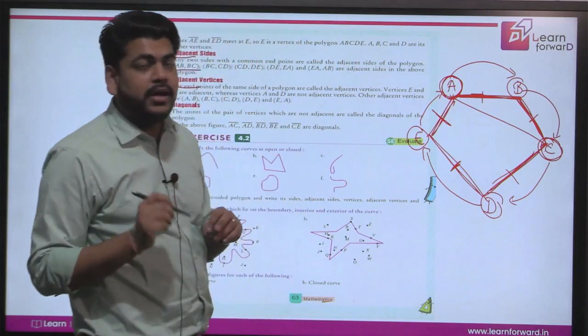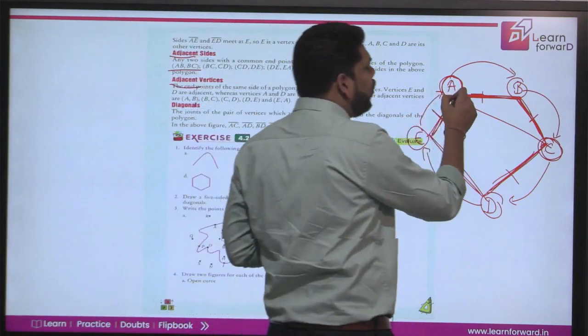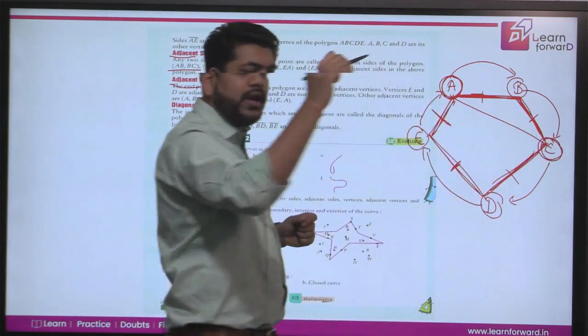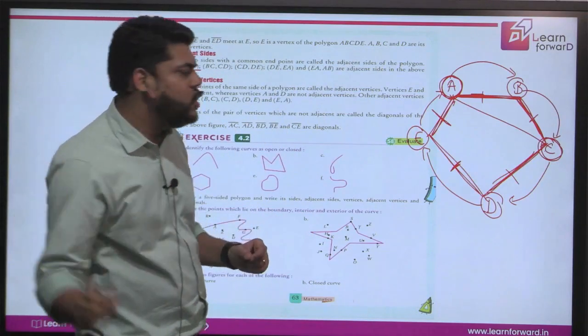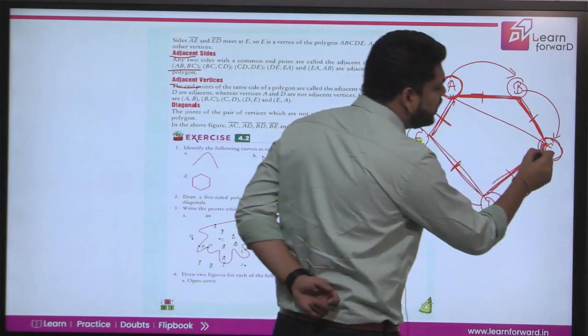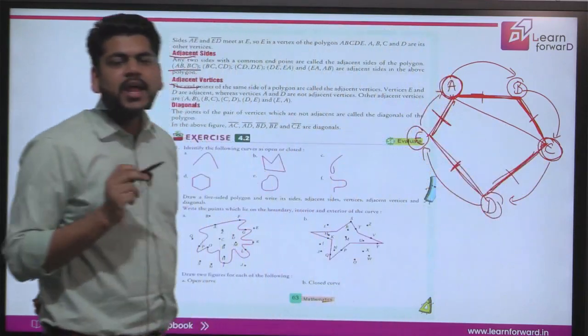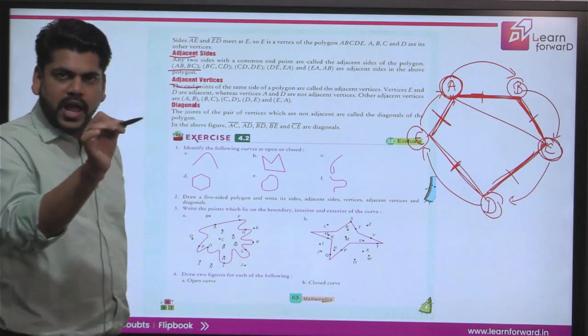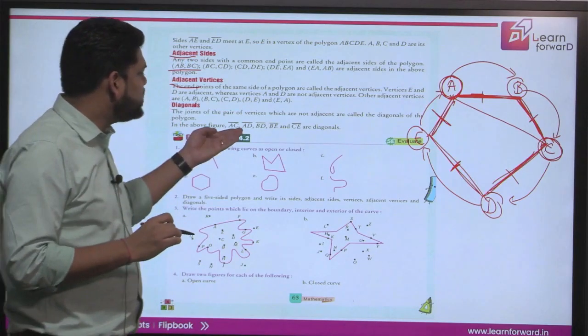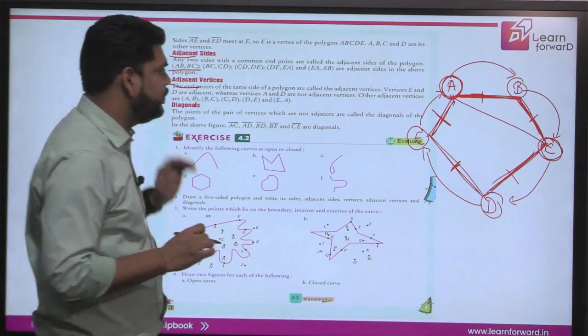I have drawn a line from A to C, joining the non-adjacent vertices. So this is the diagonal. AC is a diagonal.